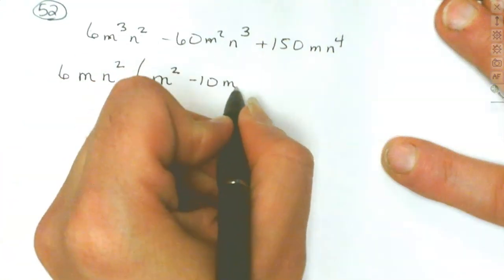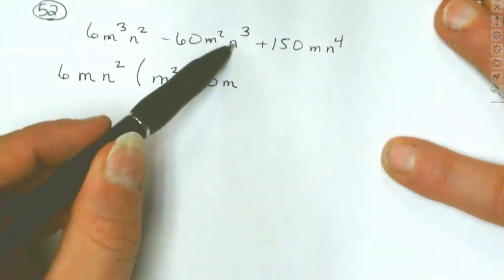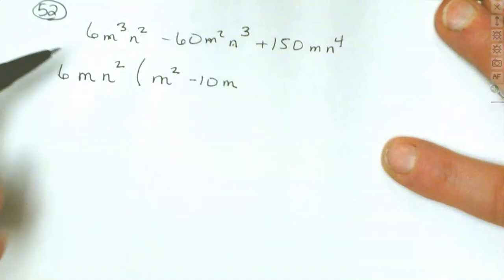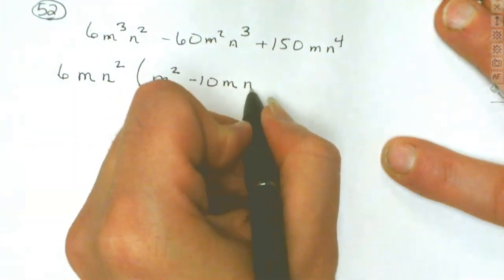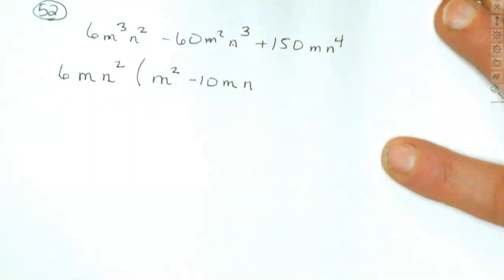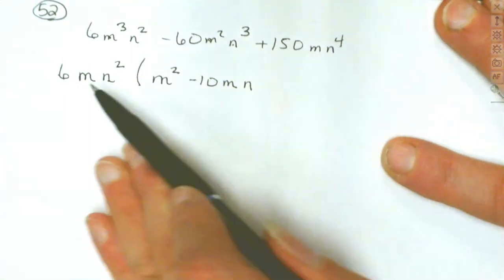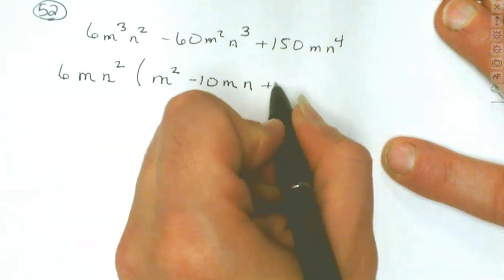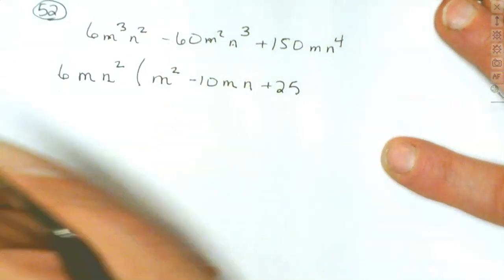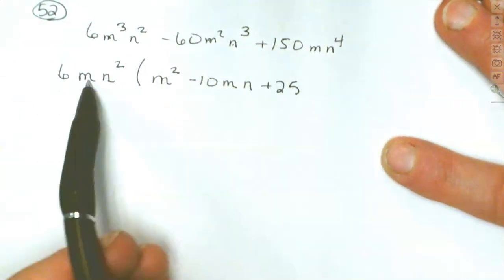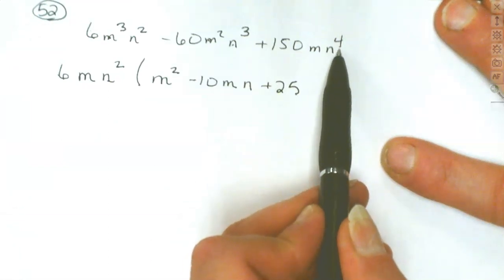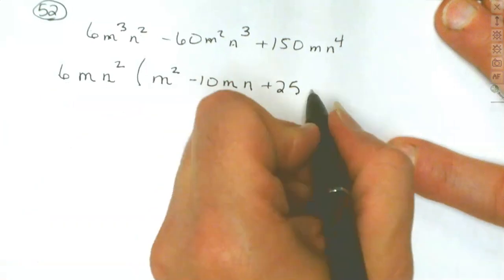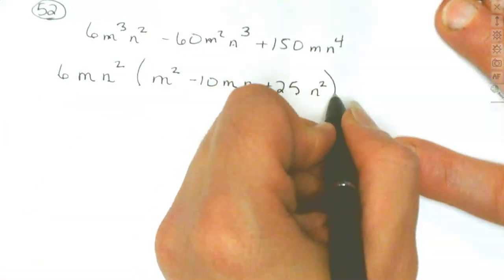That leaves you with a single m. N cubed. Take out 2 of them. That leaves you with an n. 150 divided by 6. That's 25. N to the 4th, we've got 4. Take out 2 of them. That leaves you with an n squared.